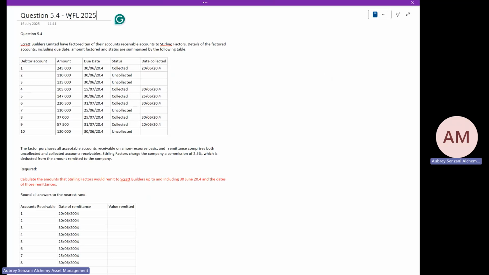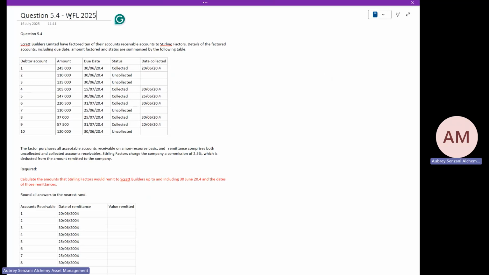So where are we now? Right. And it says, okay, so the factor purchases all acceptable accounts receivables on a non-recourse basis, and remittance comprises both of uncollected and collected accounts receivable. Sterling Factors charge the company a commission of 2.5%, which is deducted from the amount remitted to the company. Okay, right.